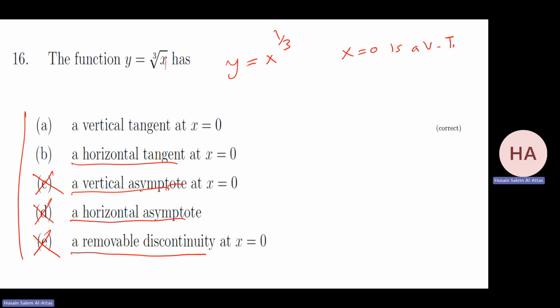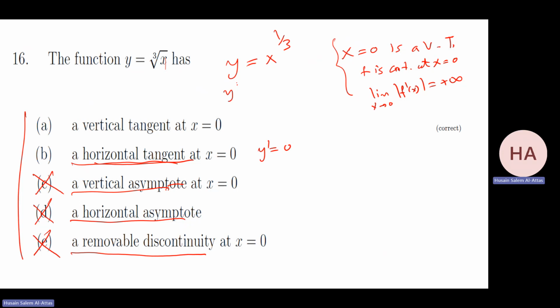Horizontal tangent, what's the meaning of horizontal tangent? Let me put the condition. F is continuous, then I will check them. At x equals 0, the limit of f prime at x equals plus infinity. Horizontal tangent means what? It means y prime equals 0.